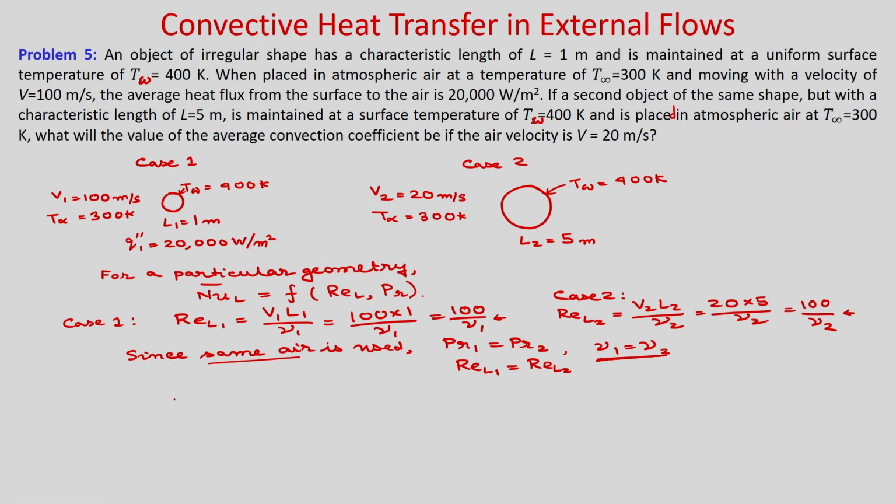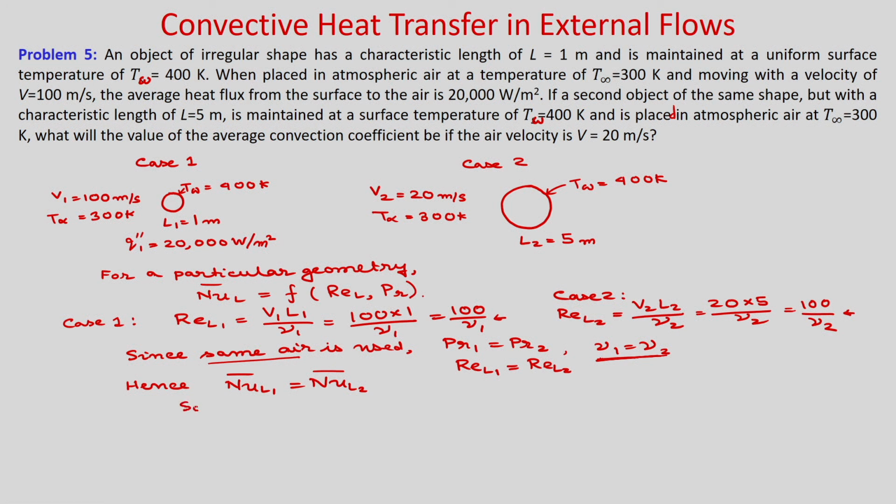Now, as Nusselt number is a function of Reynolds number and Prandtl number, and both are the same for both the cases, Nusselt number also will be the same. Hence, Nusselt number for case 1 will be equal to Nusselt number for case 2.